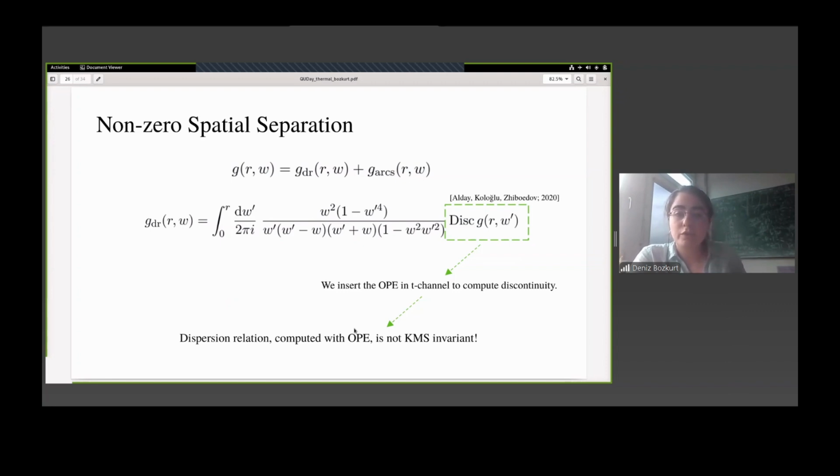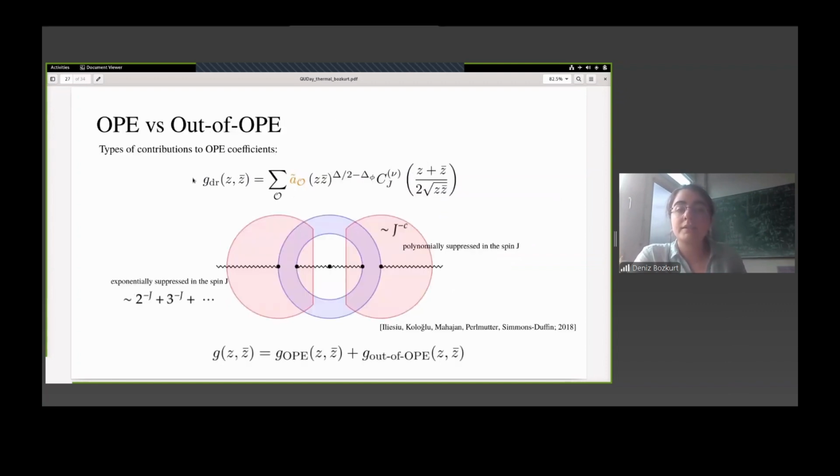And then first of all, we should realize that the dispersion relation itself, when we sum over all the contributions of the operators, is not KMS invariant, which is not so nice. And on top of it, we know that we are not capturing the entire 2-point function, but we can still expand the dispersion relation part in OPE and then check if, for example, it satisfies OPE, if it has more operators that we didn't put in initially, or if there is something wrong with it.